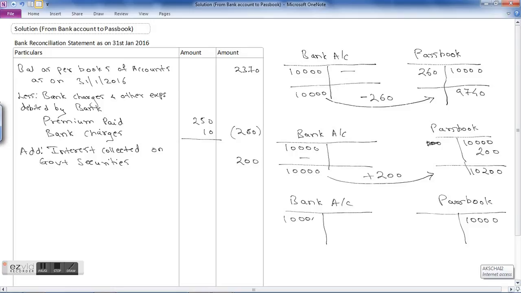This 10,000 I am taking it only for convenience of calculation. You can take any balance, okay? We just need to see the impact, net impact. So whatever you take, but you have to take the same balance on both the sides. Correct? Whatever you take as per bank account and whatever you take as a passbook. One has to be debit, one has to be credit.